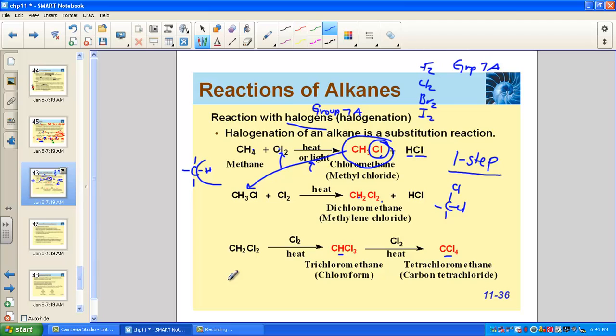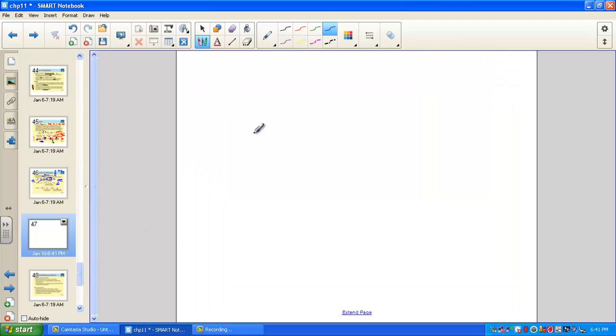So, we're looking at examples. Well, let's put a little example in here. Write a balanced equation. This is looking at page 344, example 11.9.